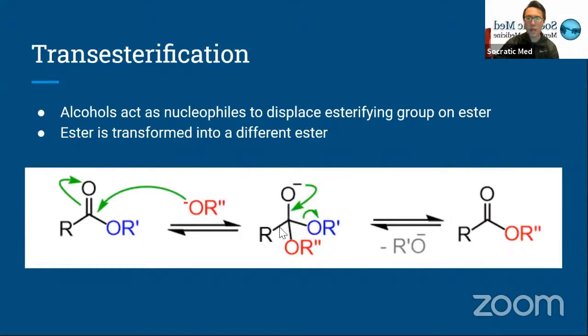And as a result, it kicks off this blue OR group, the original alcohol group attached to the ester. And when it kicks it off, it forms this new ester with the red OR group instead. So transesterification is when you convert an ester into a different ester by using a different alcohol group. So this is transesterification.